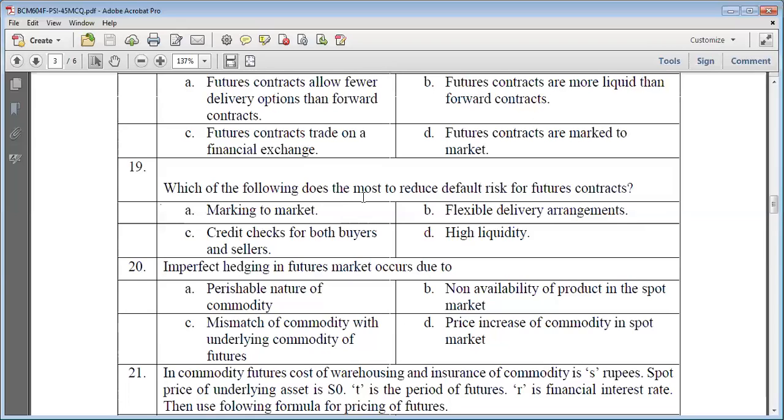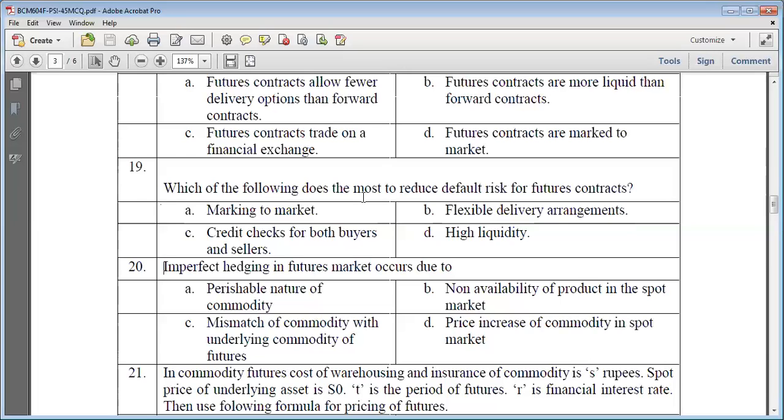So a derivative contract is there where the underlying asset is diesel, a product which is closely linked with petrol. So we are doing hedging by using the derivative of diesel. In that case, due to imperfection in the underlying asset, mismatch will occur. 100% hedging will not be possible.